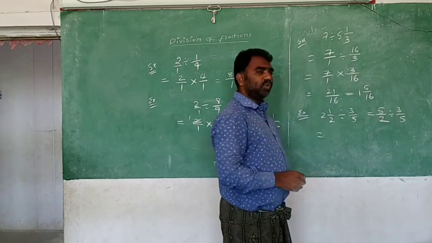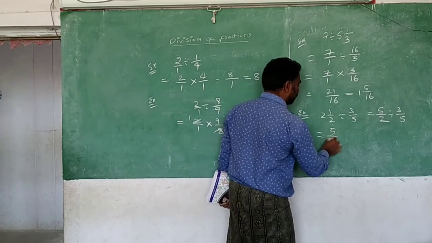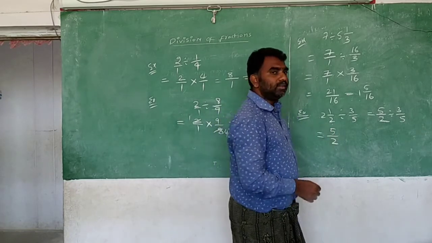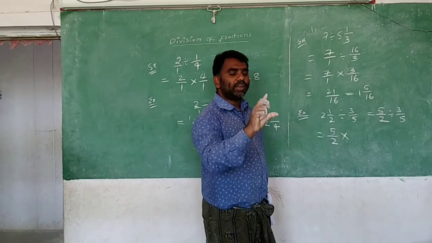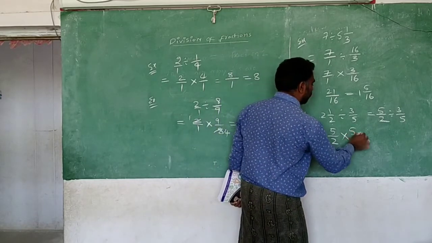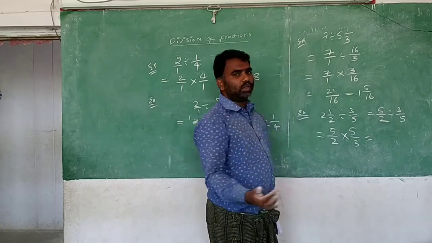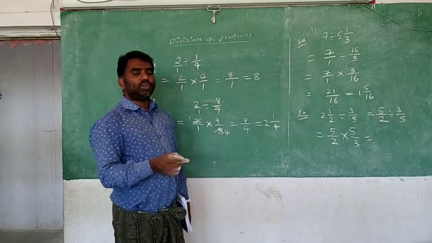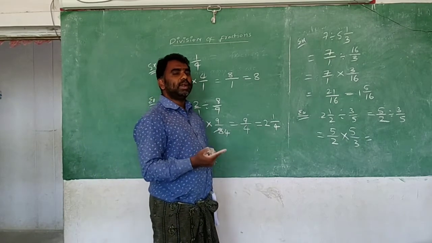To convert this, what I said to you: first fraction as it is, division will be converted to multiplication, second fraction reciprocal. Reciprocal means exchanging numerator and denominator. Now multiplication. In multiplication, first cancellation, after that multiplying numerators and multiplying denominators.